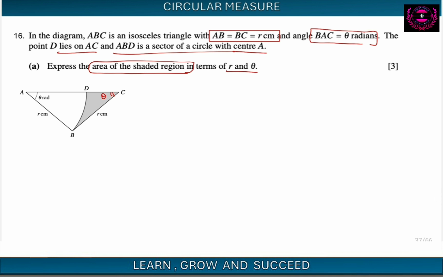If we have to find area of the shaded region, then we have to subtract. Area of shaded region will be area of triangle ABC minus area of sector ABD.